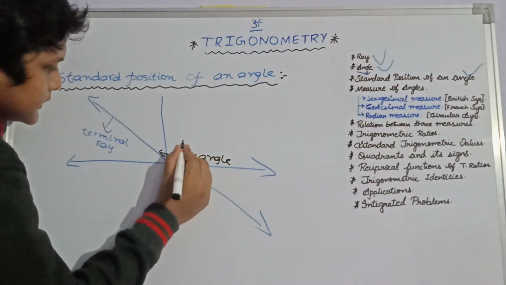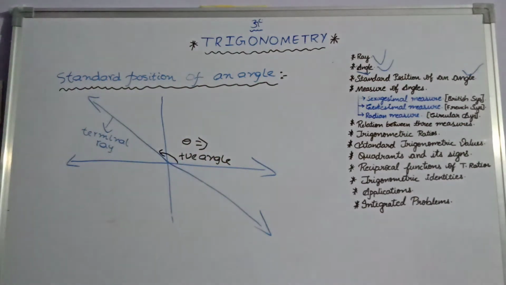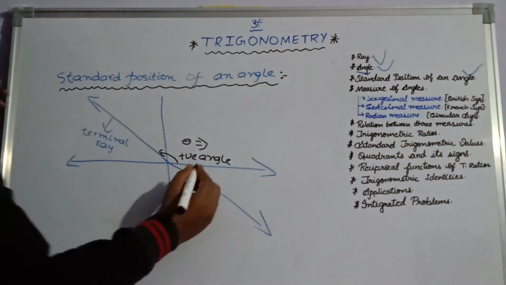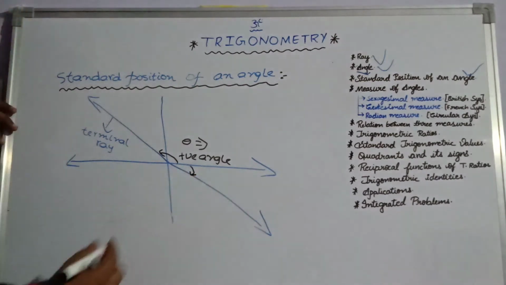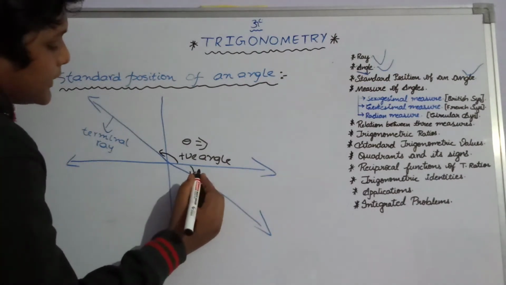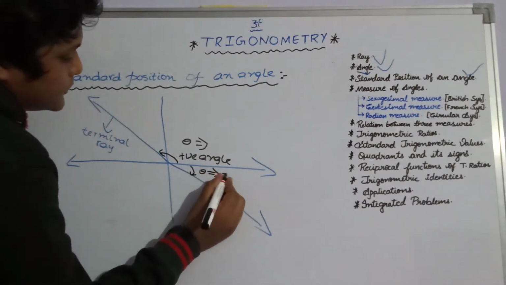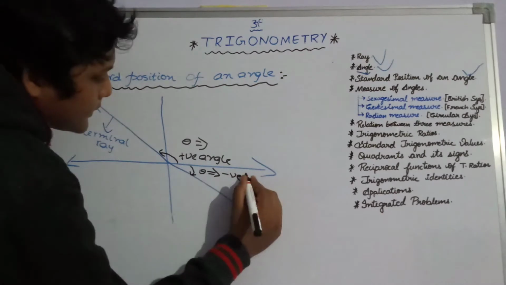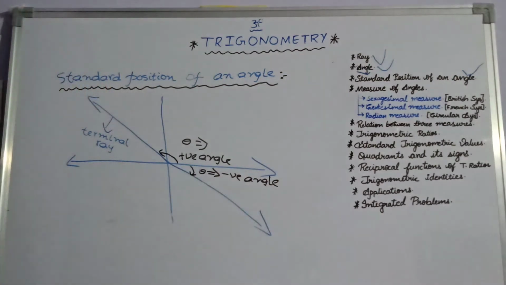That means theta is equal to a positive angle. The angle is said to be negative when theta is subtended to the negative side of the coordinate system. That is, theta is equal to a negative angle. Okay, is it clear?